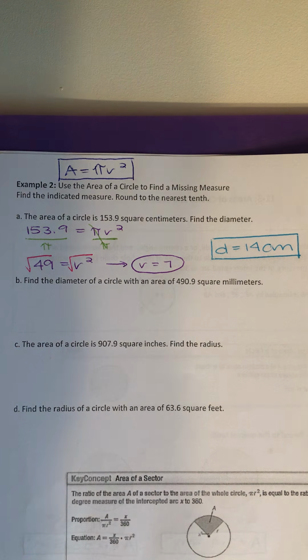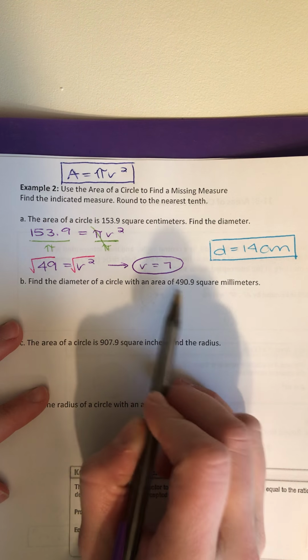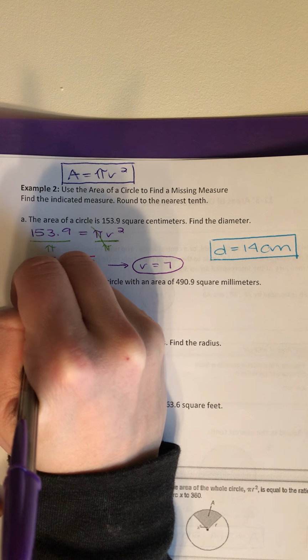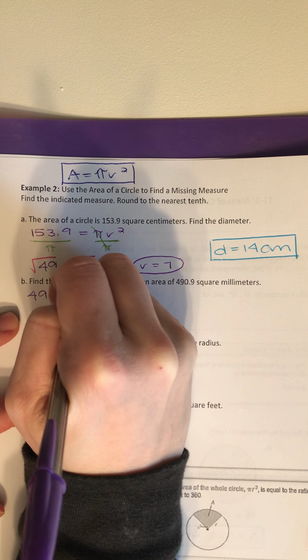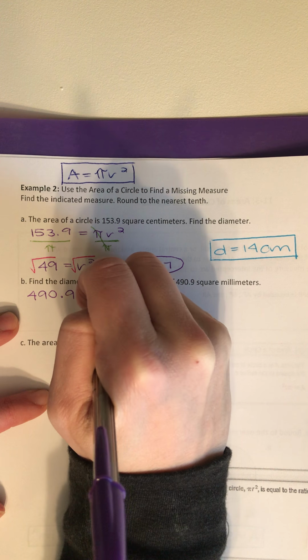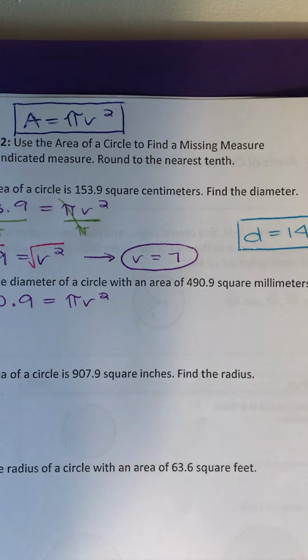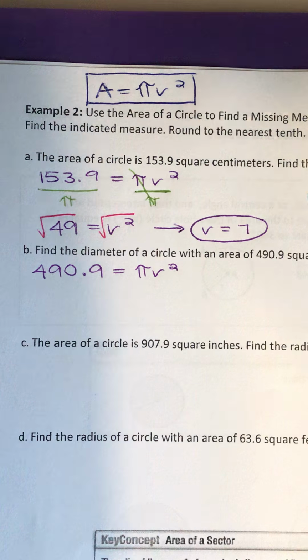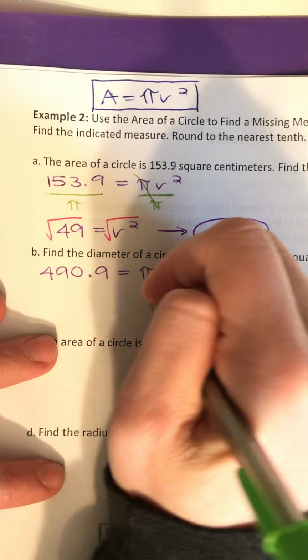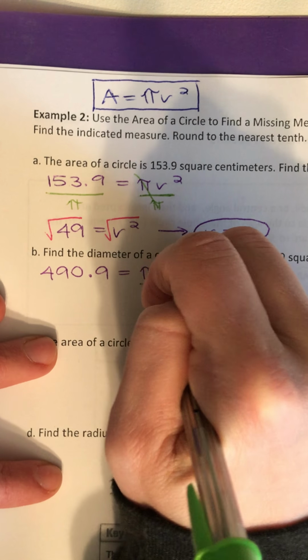Let's try another. My area is 490.9. Like I said, the first two steps are the same. Divide both sides by pi.